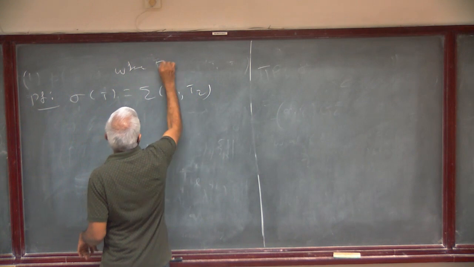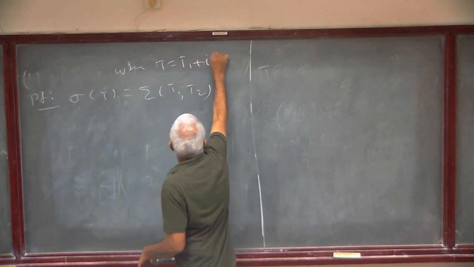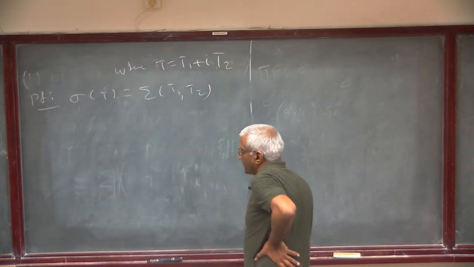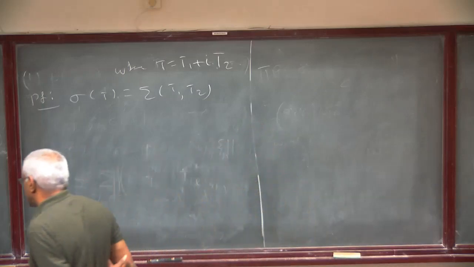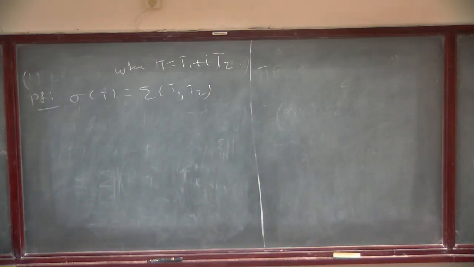T equal to T1 plus I T2. Instead of this, you can consider two functions.